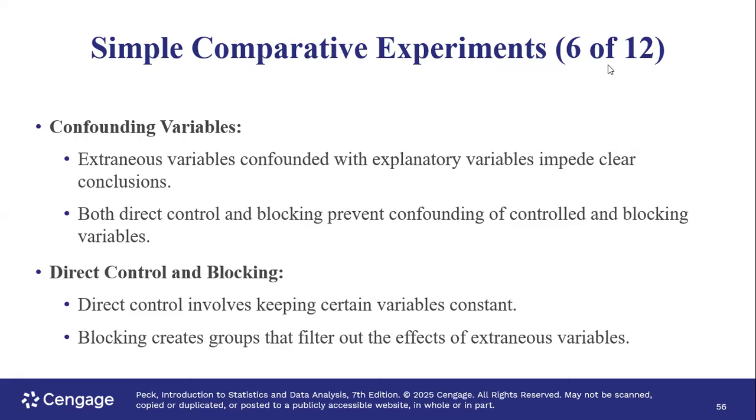Confounding variables: extraneous variables confounded with explanatory variables impede clear conclusions. Both direct control and blocking prevent confounding of controlled and blocking variables. So what are they saying here? We saw that time of the day is a confounding variable.